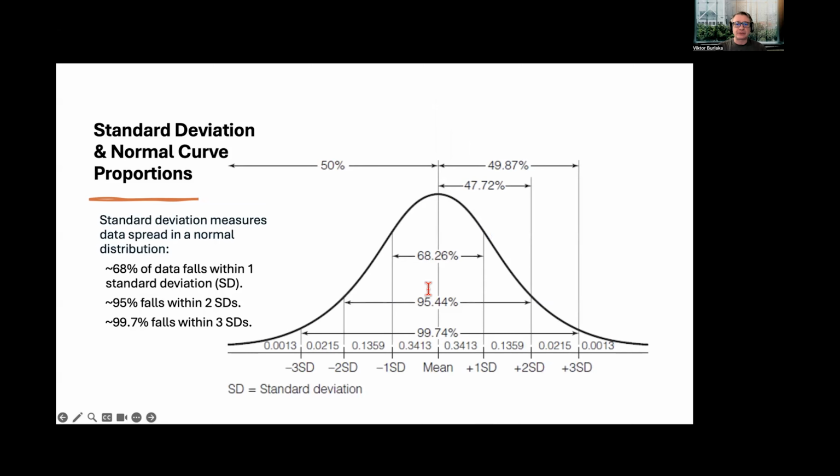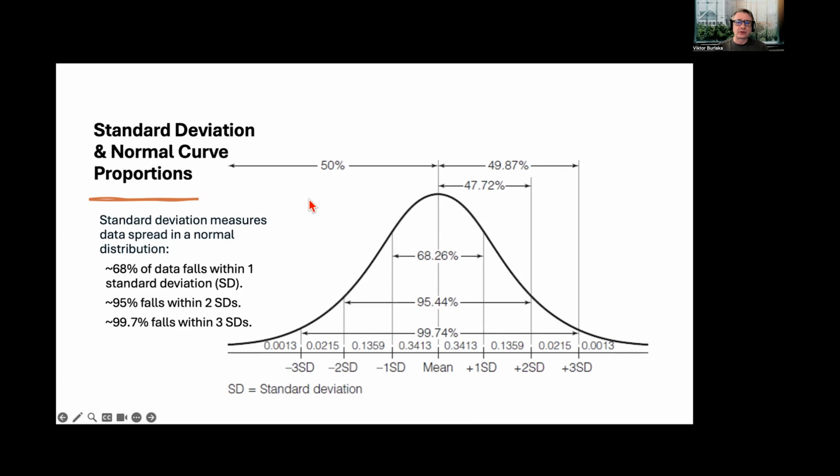Standard deviation measures how spread out the data is around the mean. In a normal distribution, most data points cluster around the center, and fewer appear as we move further away. 68% of data falls within one standard deviation of the mean. 95% falls within two standard deviations. 99.73% falls within three standard deviations.